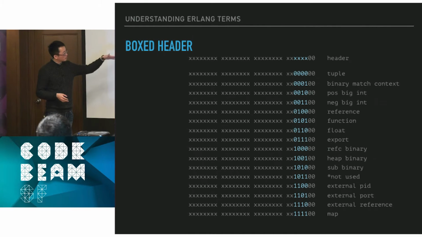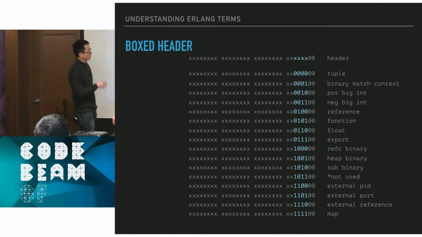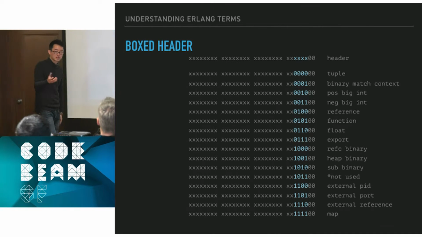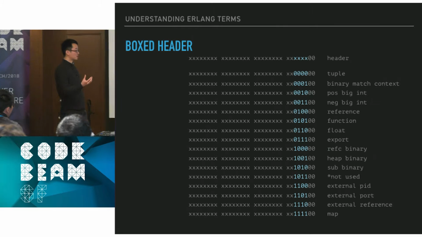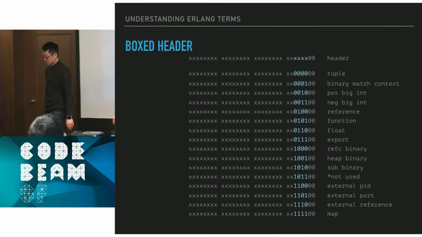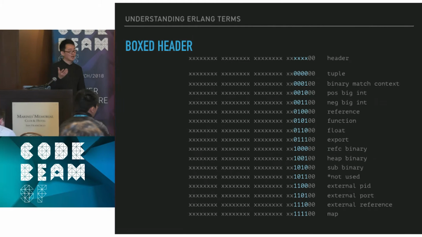As you can see, the tuple is here, and then we have 2 types of integers. For the binary, we have binary match context, refc, heap, and sub-binary. So the internal representation of the Erlang binary has 4 types. And also we have the maps here, and this one is not used. Maybe later we can add more things.